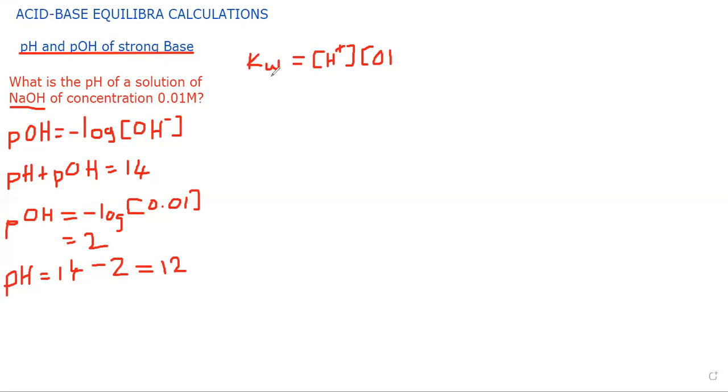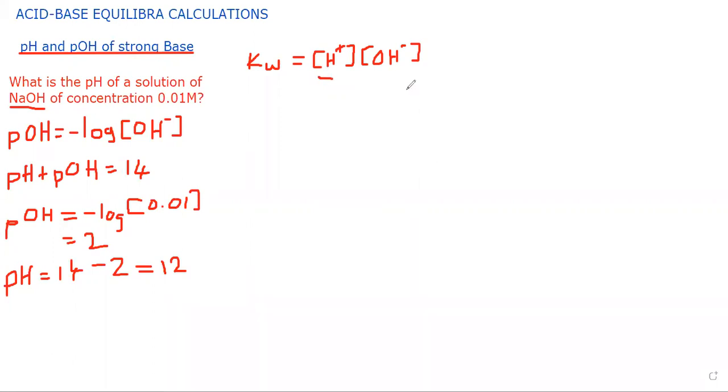If water, H2O, dissociates, you will get the hydrogen ion and the hydroxide ion. So that is where the H and the OH comes from. So if Kw is equal to H plus concentration times OH, we can transpose this to get the hydrogen ion concentration.